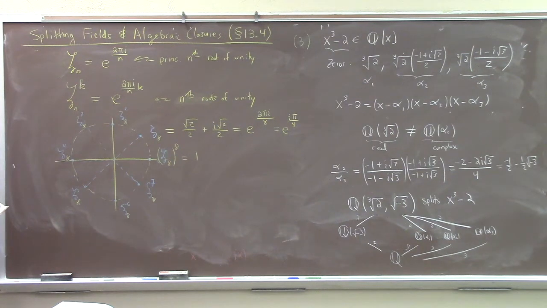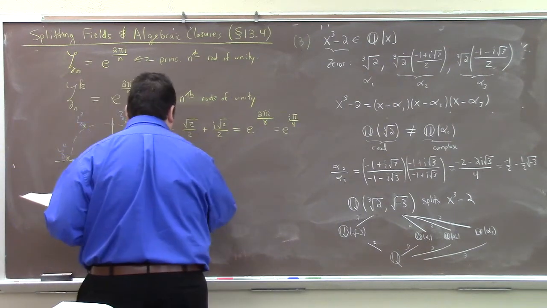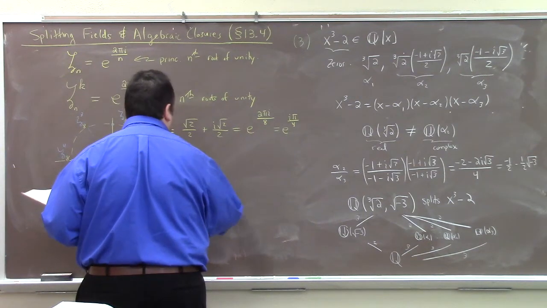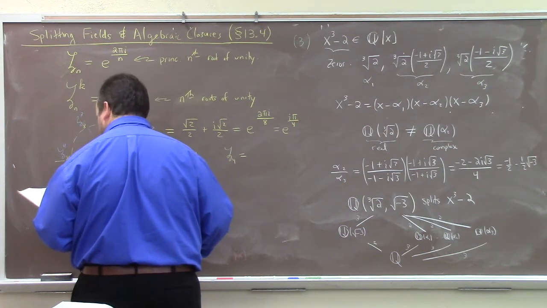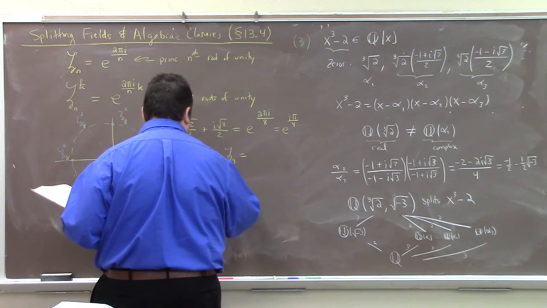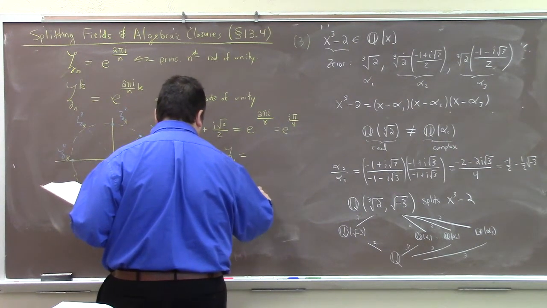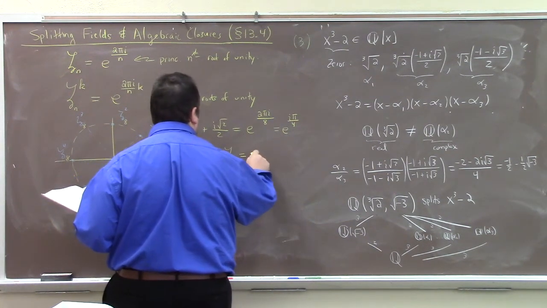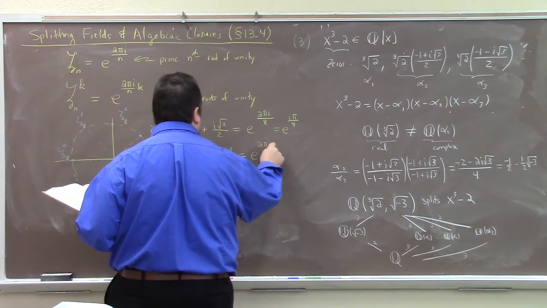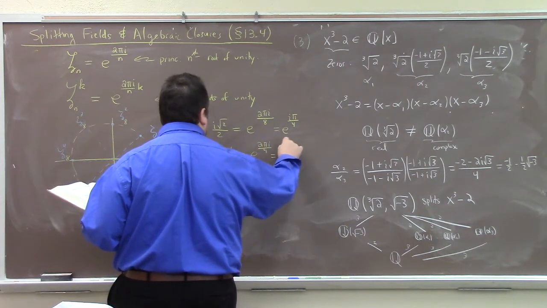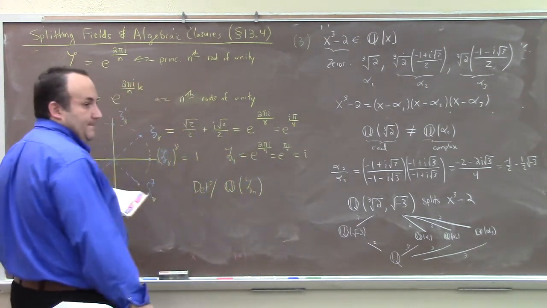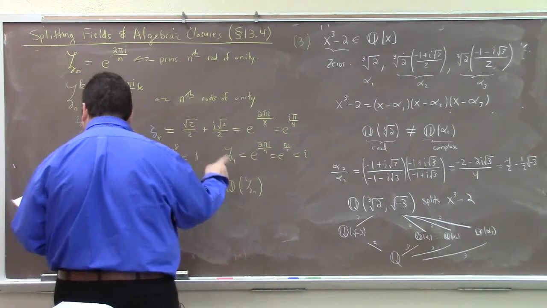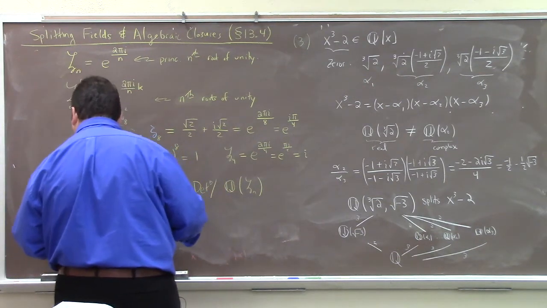And what's the principal 4th root of unity? It was e to the 2 pi i over 4, which is e to the pi i over 2, which is i. So this is called the cyclotomic field of nth roots of unity.